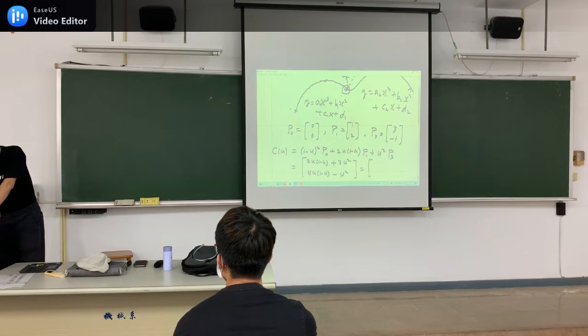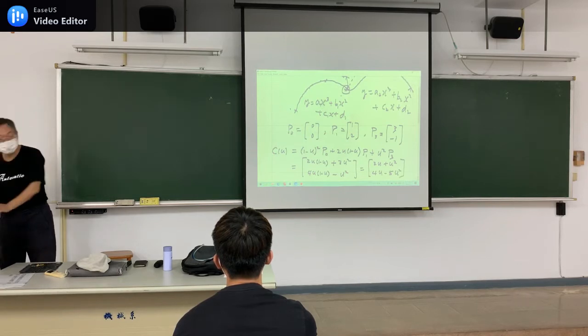So it will be equal to 2u plus u squared, and 4u minus 5u squared. Right.